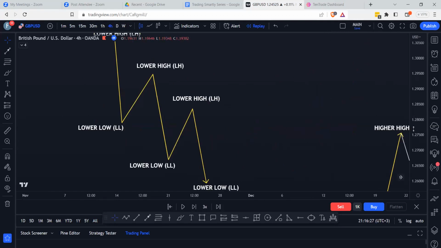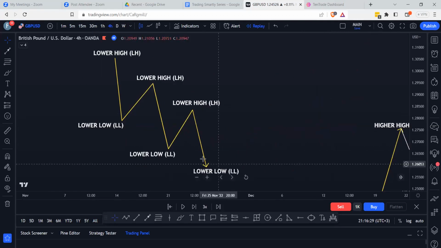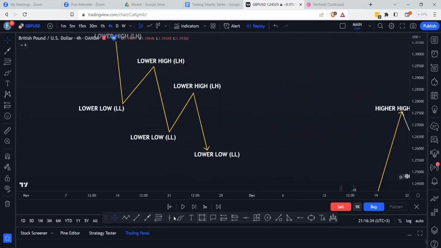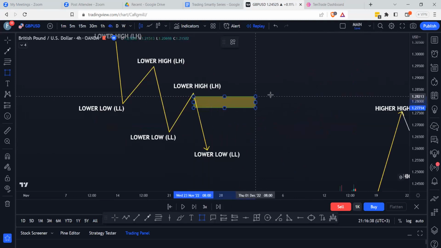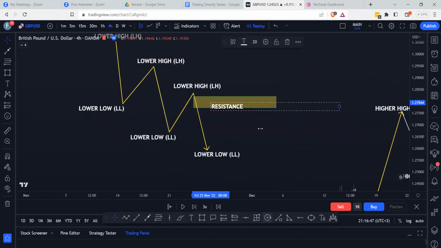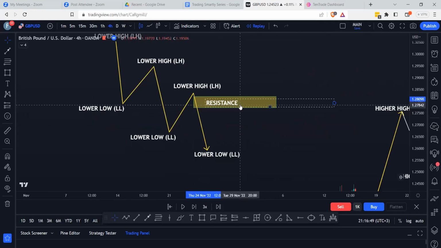So if you figure out that price is in a bearish environment, you are just going to be waiting now for price to retrace into an area of resistance. So let's mark this out. Let's say this is a resistance area on that leg. Okay, the most recent resistance zone.